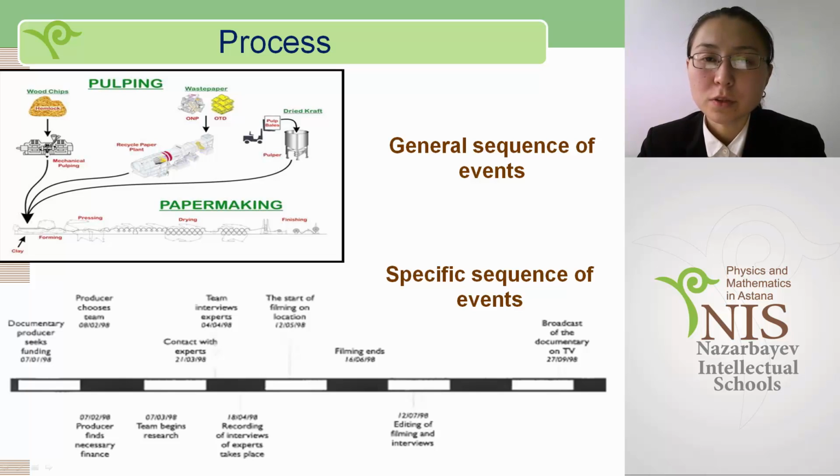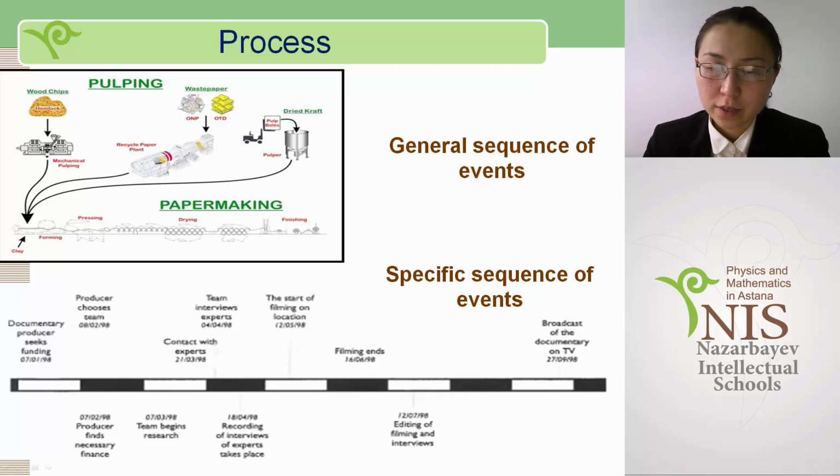What is the difference between them? General, when we have some general information and we're going to describe it. Specific, when we have not just information, but we have specific dates on the process. This is called specific sequence of events.